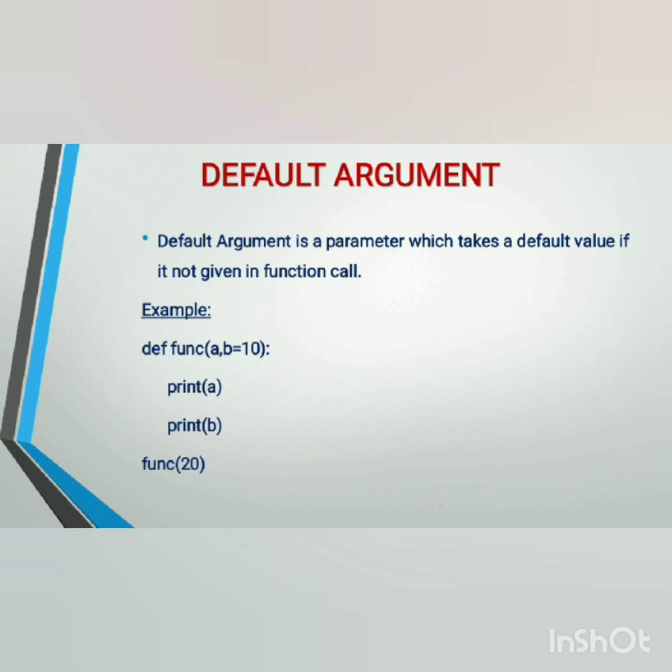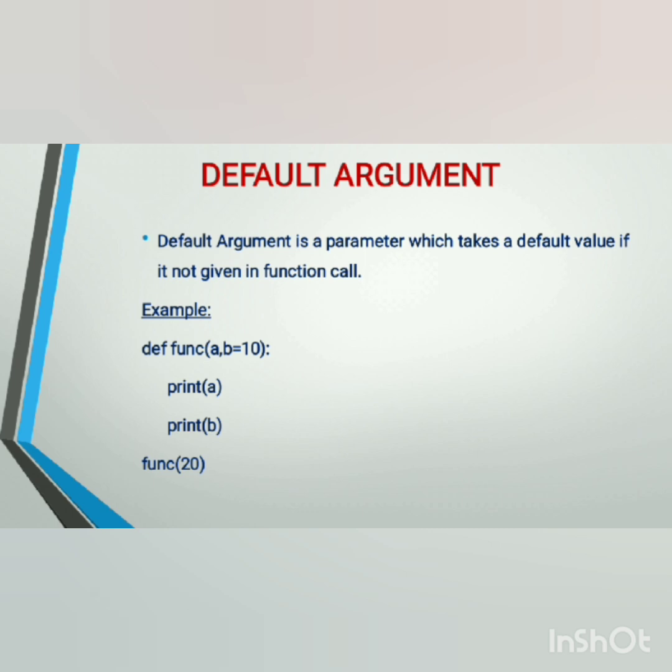In the function call, what is the function name? func. After that, I have passed the argument. What is the argument value here? 20. But here in the call I have passed only one value, whereas the function has 2 parameters, so this 20 is assigned to the first parameter, a.